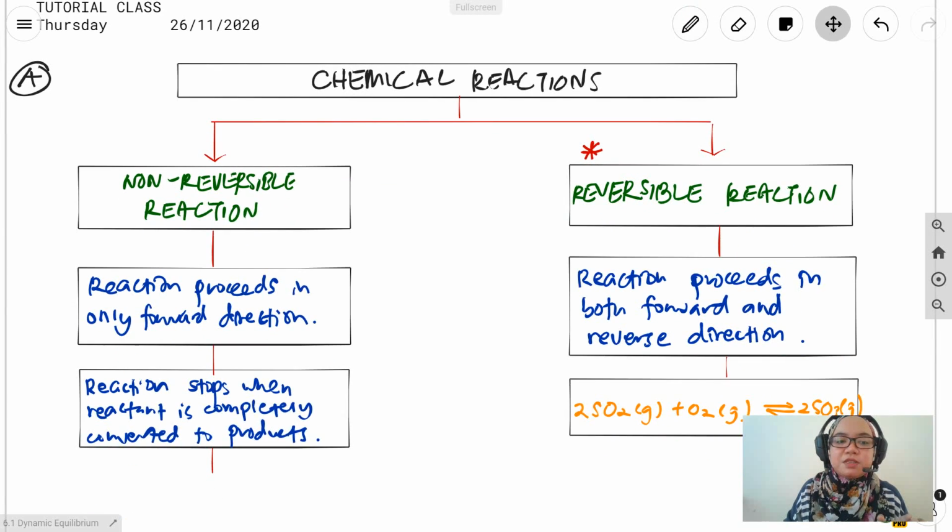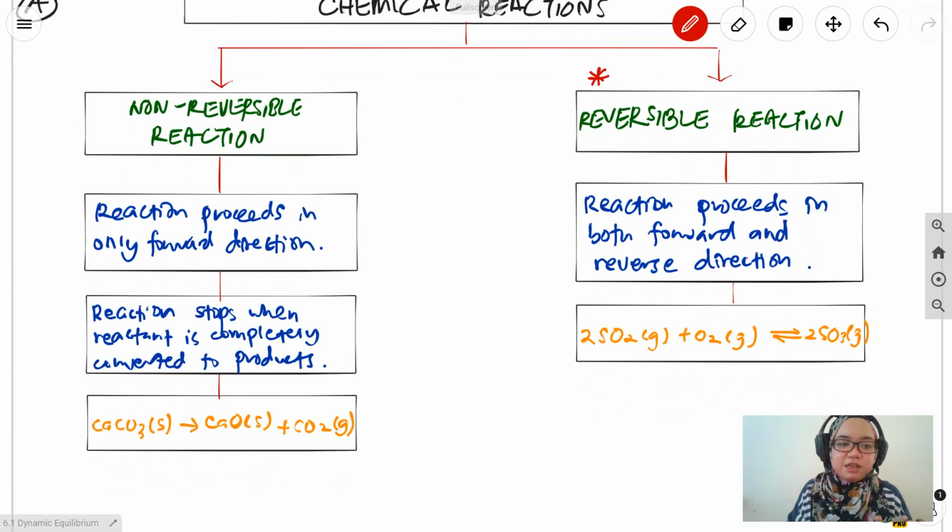Non-reversible reaction is the reaction that proceeds in only the forward direction. So the reaction only occurs from the reactant forming a product. The reaction will stop when the reactant is completely converted to product.